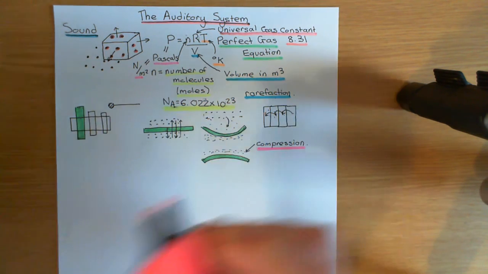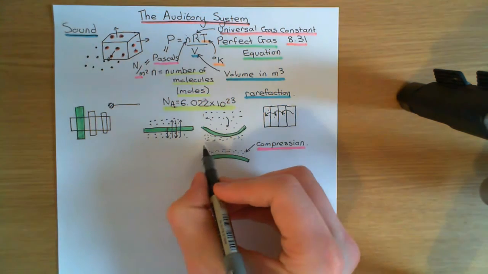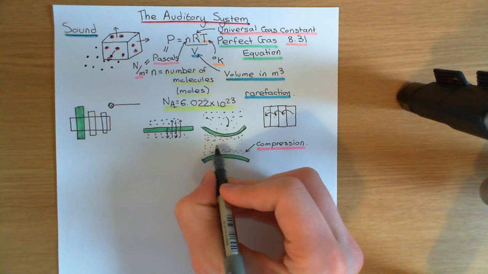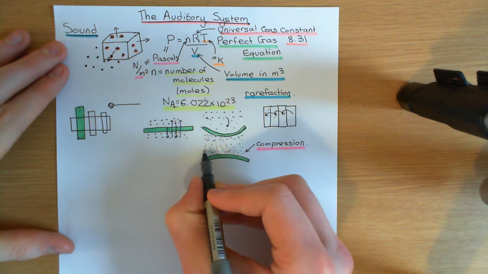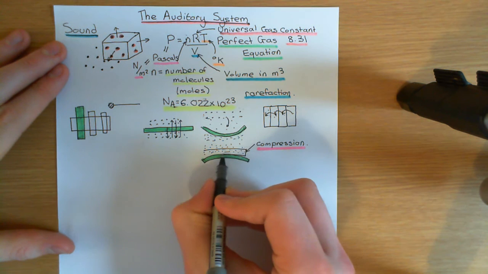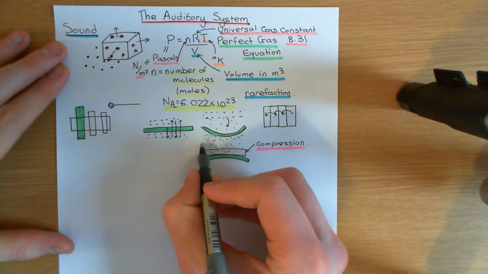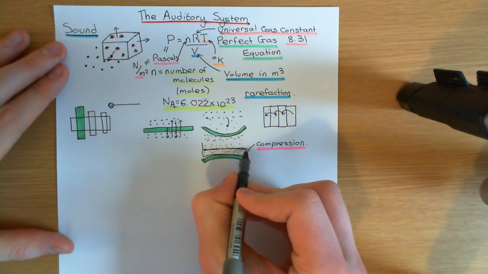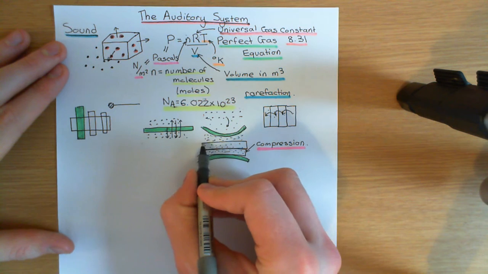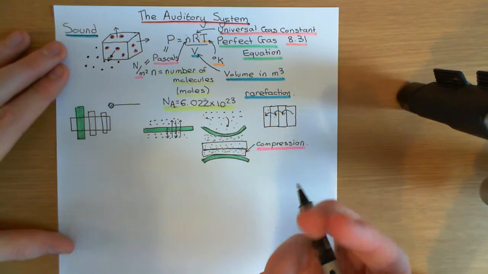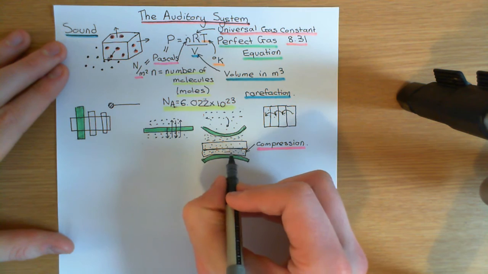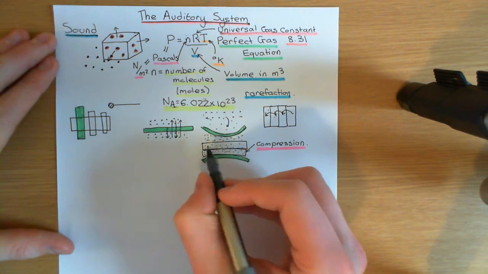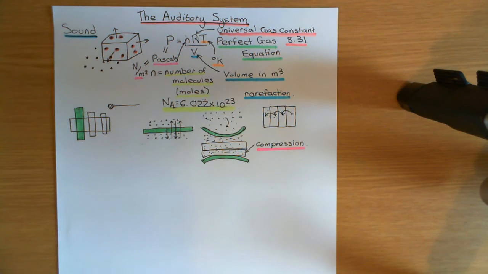Okay, so the air molecules have been compressed together, and this area of compression is also going to propagate through the air. You see, because now the volume of air above this volume here, so here's the volume of compression, and then above that we have a volume that has normal pressure, the normal pressure of the air. And now what's going to happen is air molecules from this area of compression are going to move from here to here. So I'll draw this on.